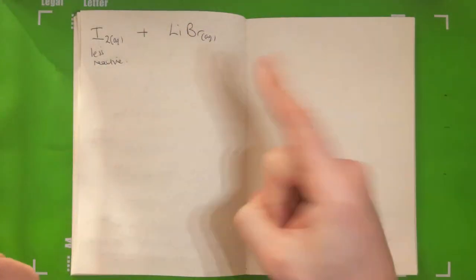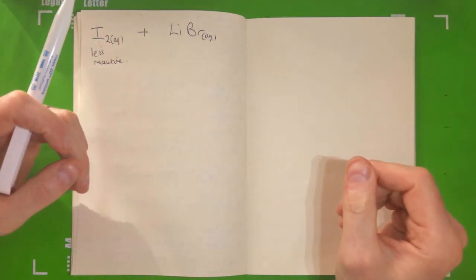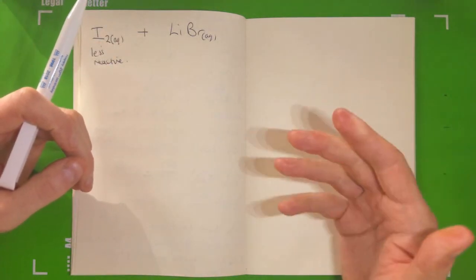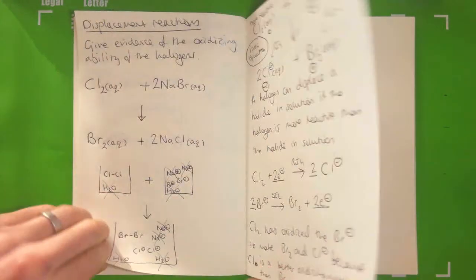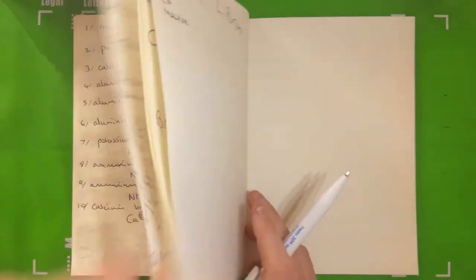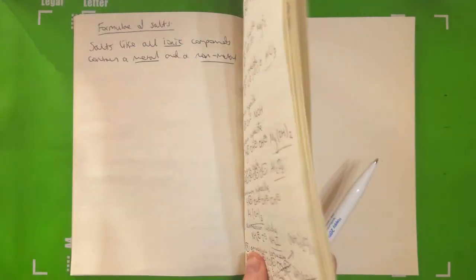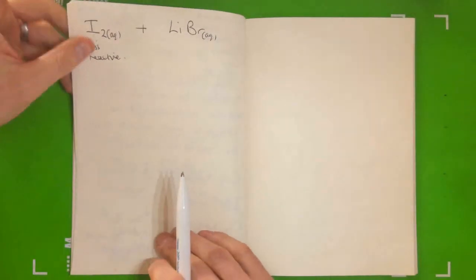Remember, it's much bigger. So that electron that you're trying to add is much further away from the nucleus, and it's less attracted to the nucleus because it's further away and it's more shielded. Remember your explanation that you wrote down a few moments ago towards the start of the lesson. Here, okay?